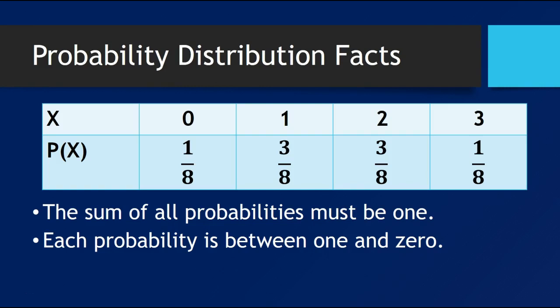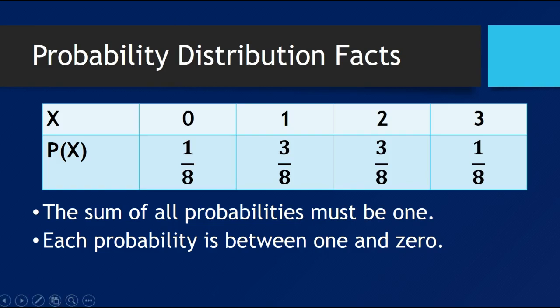First one, obviously the probabilities individually have to all be between 0 and 1 because they have to be legitimate probabilities. So for instance, 1/8, 3/8, 3/8, and 1/8, every single one of those numbers has to be between 0 and 1.